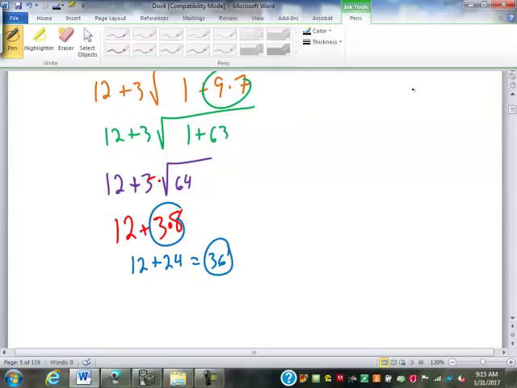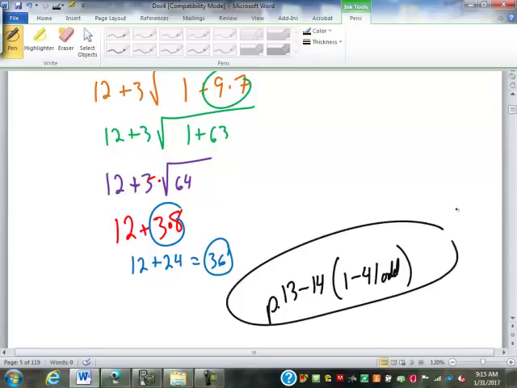Any questions? They tend to define it a little bit differently. They go through these steps. And math isn't about steps. Math is about relationships.